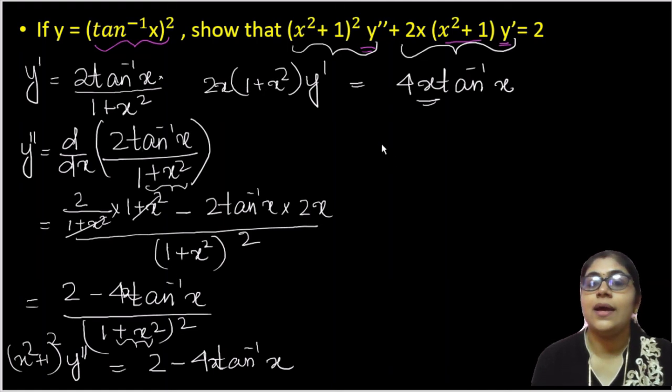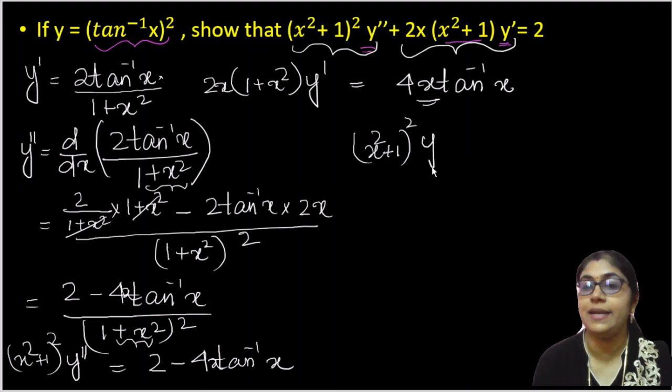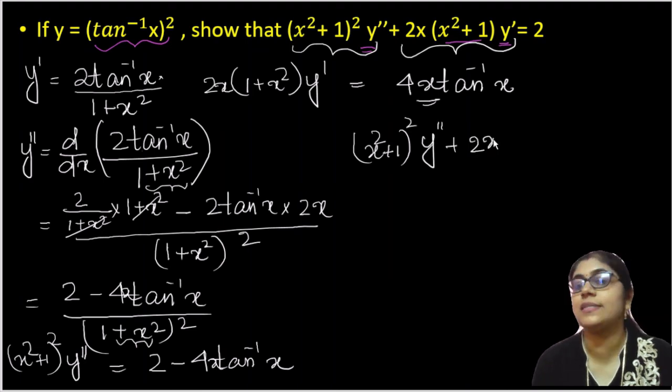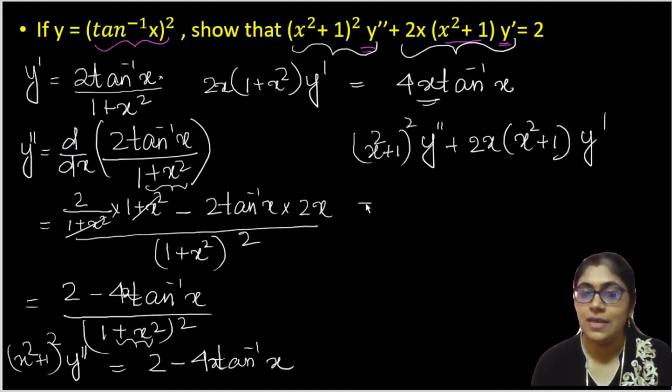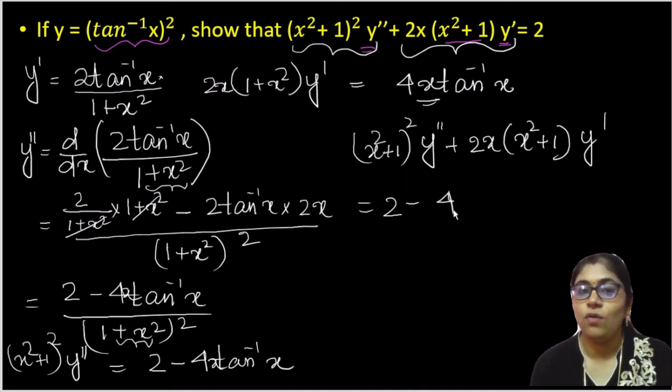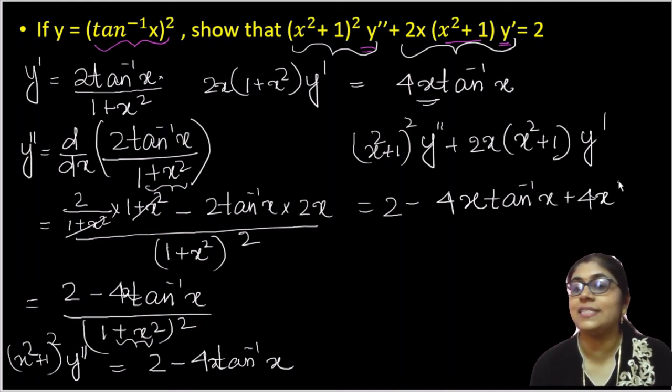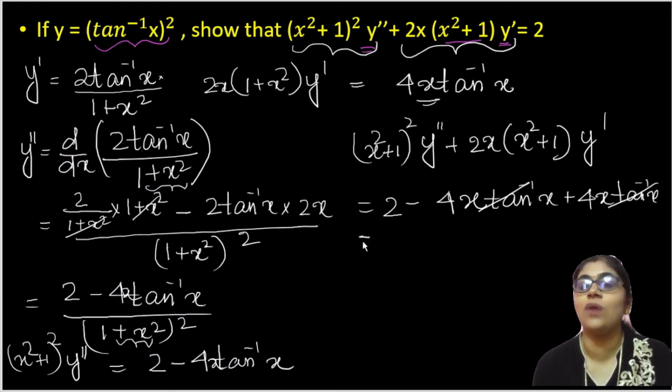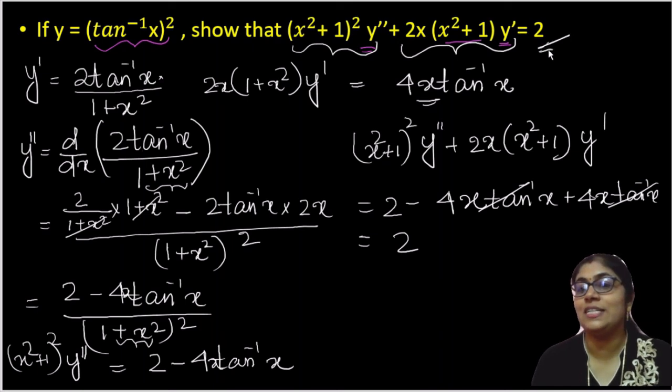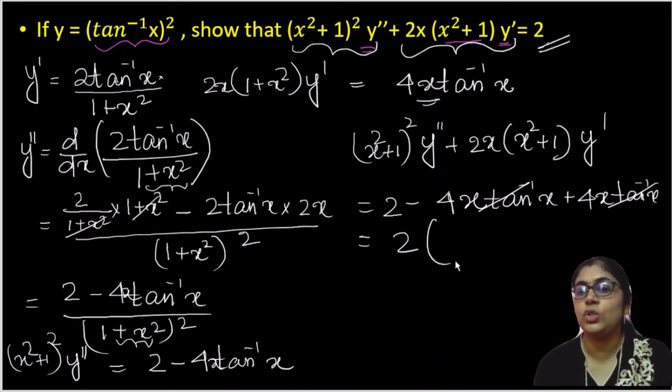So x square plus 1 whole square y double dash plus 2x into x square plus 1 y dash equals 2 minus 4x tan inverse x plus 4x tan inverse x. So they cancel. Now this equals 2. We have to show that. So our question is proved here.